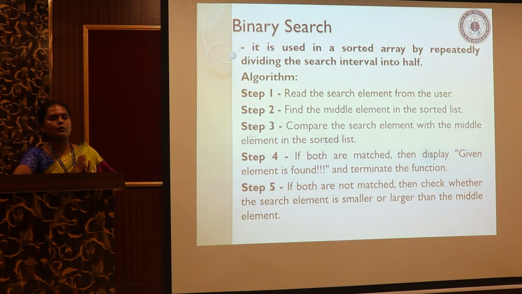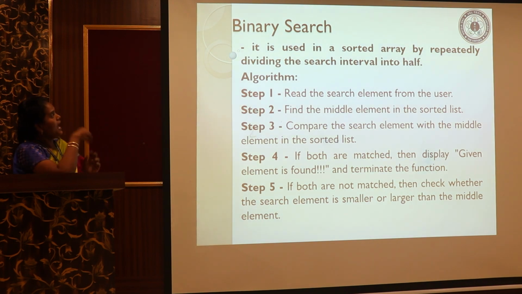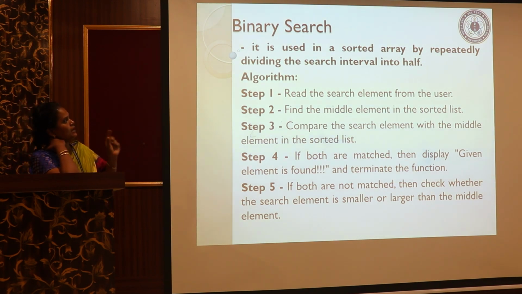When we go for binary search, you have to create an array in a sorted manner. So the very first thing in binary search is entering the elements into the array in a sorted manner. Then you have to find the middle value, and from the middle value, you have to find out whether the search element is lesser or greater.